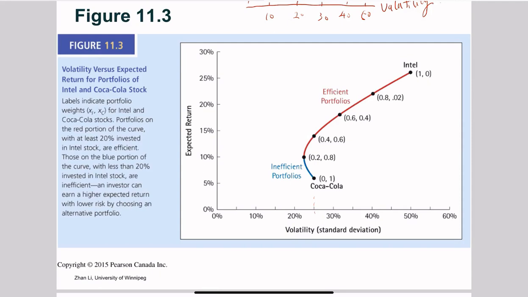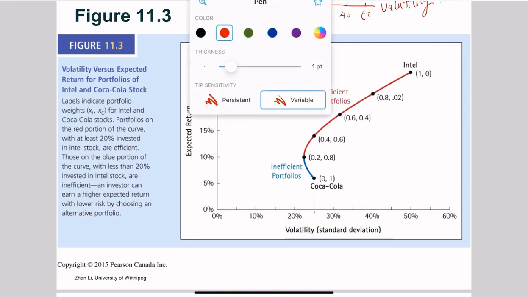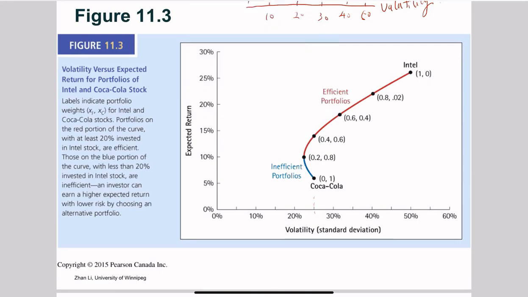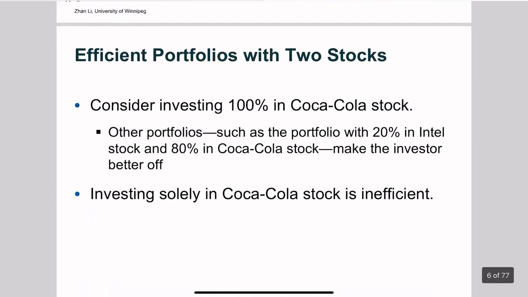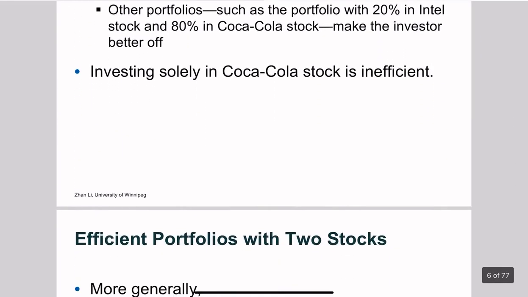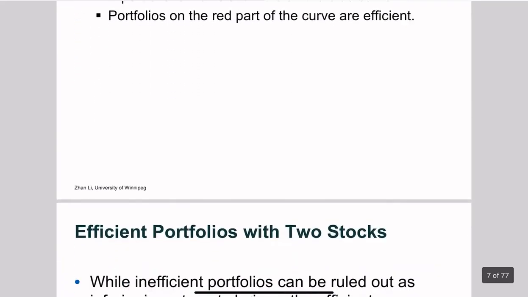So to summarize, all portfolios on the red curve are efficient portfolios, and all portfolios on the blue curve, they're inefficient portfolios. Okay, I hope this gives you a clear idea about the definition of efficient portfolio and inefficient portfolio.